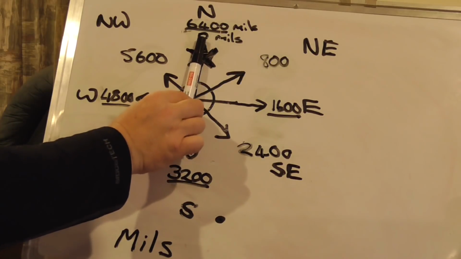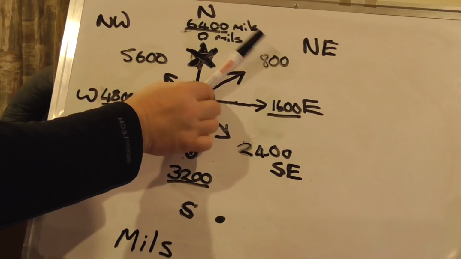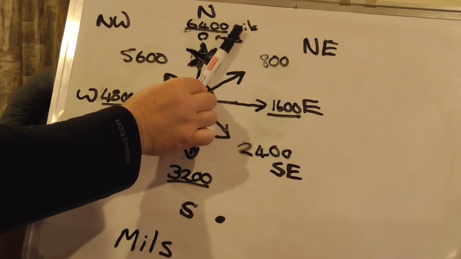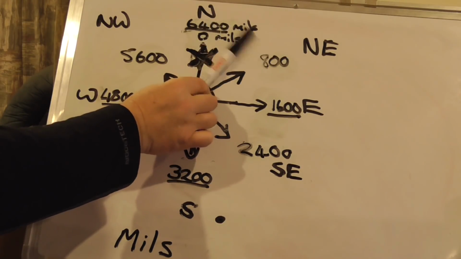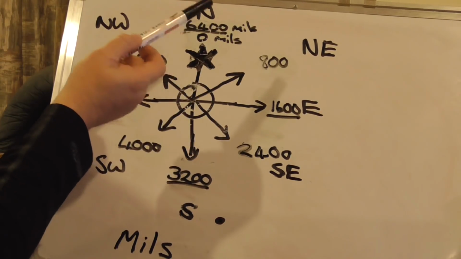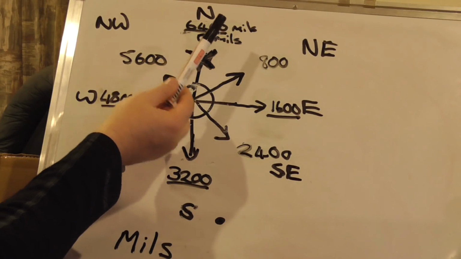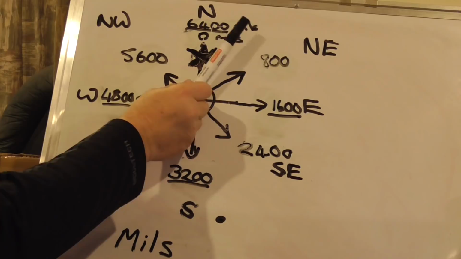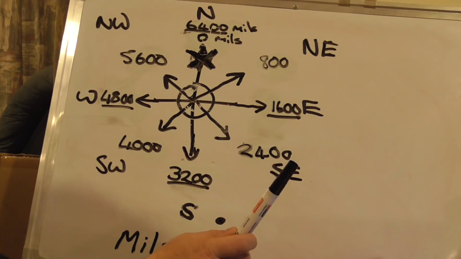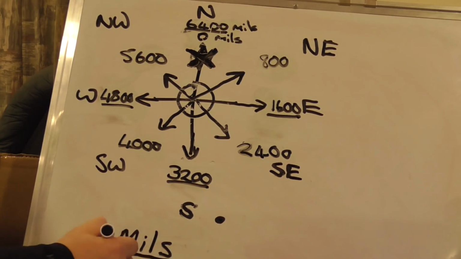So from 0 to here would be 45 degrees. With mils it goes from 0 to 800. So we've got a lot more numbers in this space, which means we can get our needle on a number a lot more accurately.